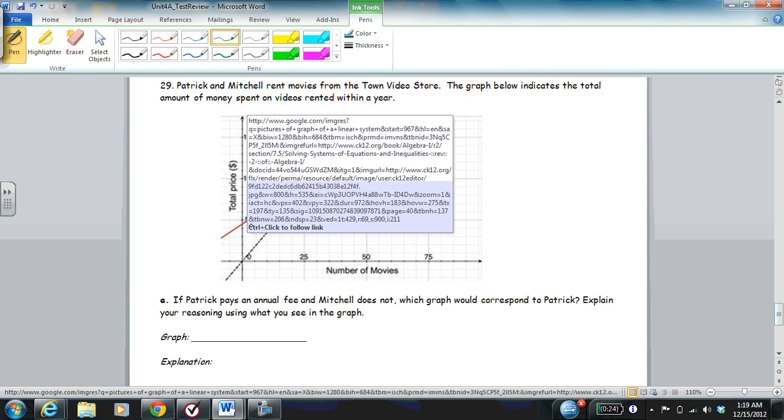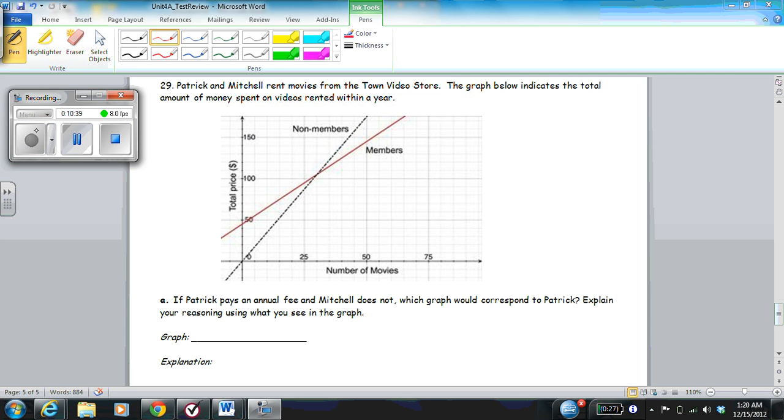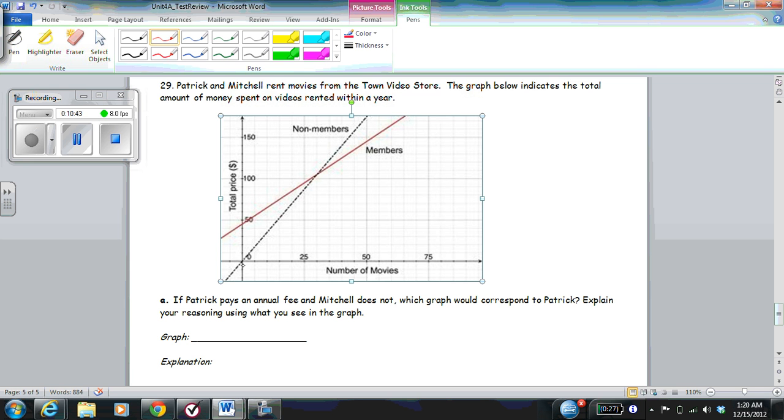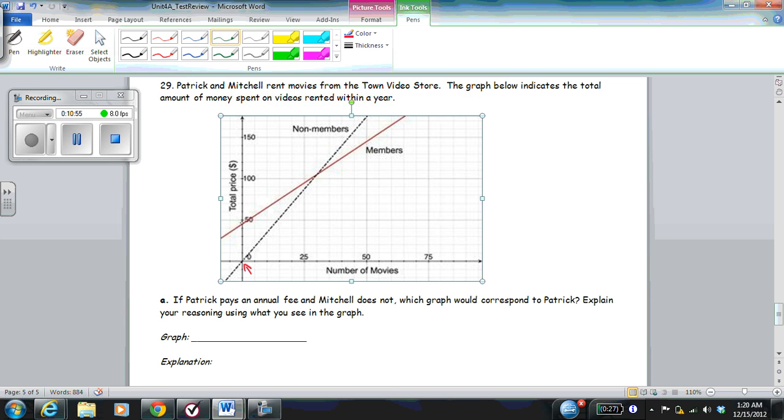So Patrick pays an annual fee, which means when he's bought no movies, in other words, anywhere here on the y-axis, he has to pay some cost, some annual fee.